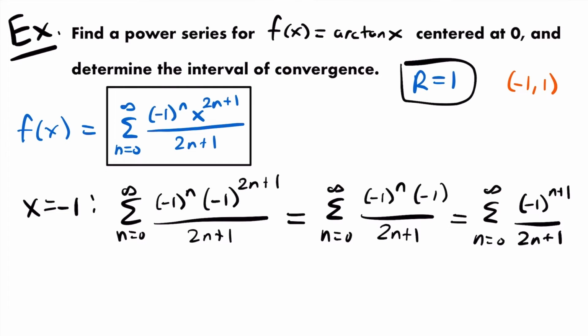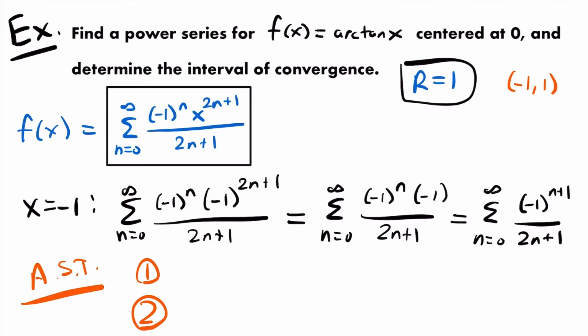In this case, we have an alternating series because we have negative 1 to the power of n plus 1. That is going to make the terms of this series alternate between being negative and positive. So what we can use to determine the convergence of this series is the alternating series test. The alternating series test says that a series converges if it meets two requirements.